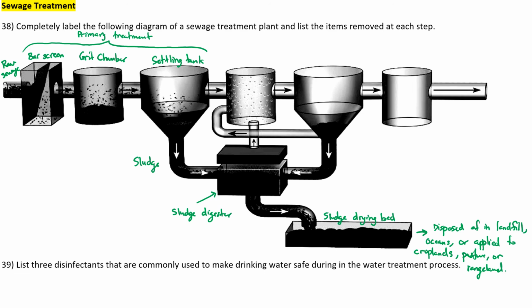Then we have the aeration tank, settling tank, the chlorine disinfection tank, and this tank is designed to kill bacteria, so this is the activated sludge that goes to the aeration tank.